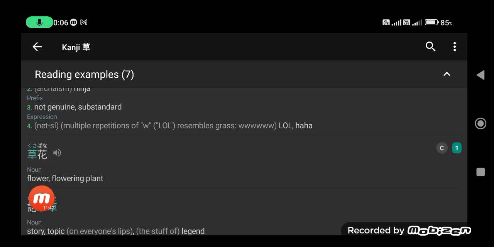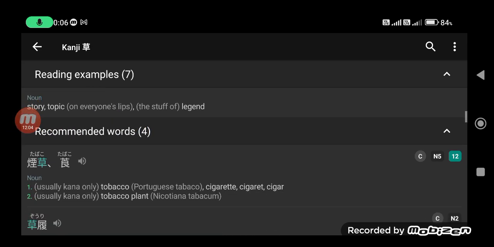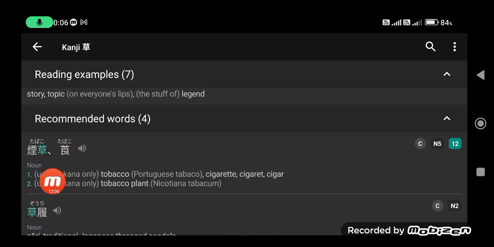Kusabana, flowering plant, a flower bearing plant. Kusabana. How about this? Katarigusa. Katarigusa is story, topic, legend.